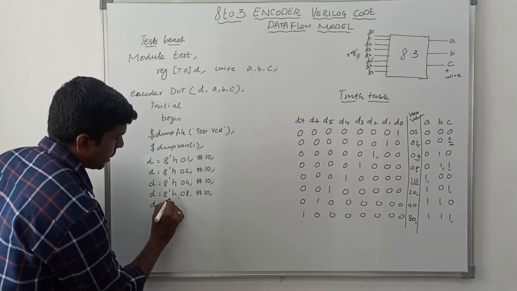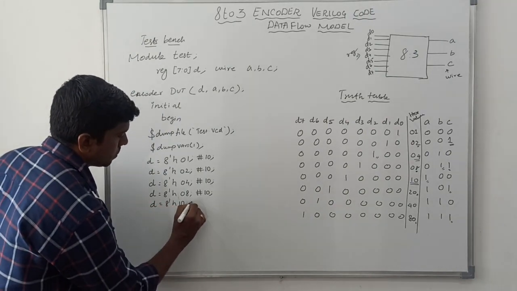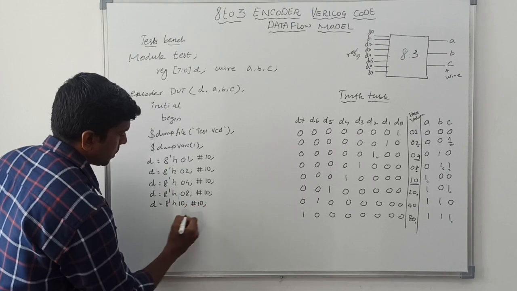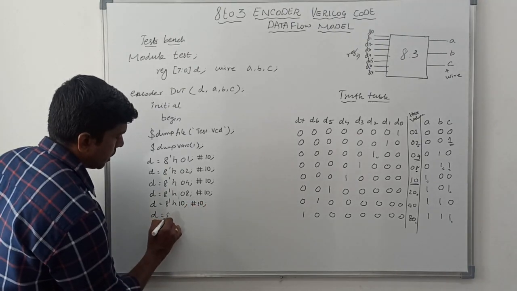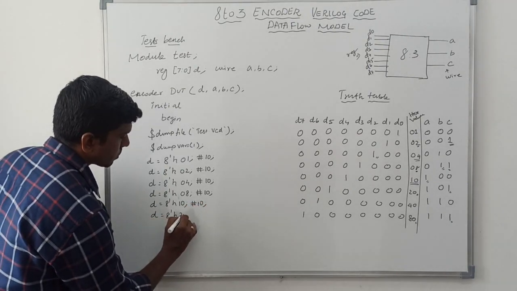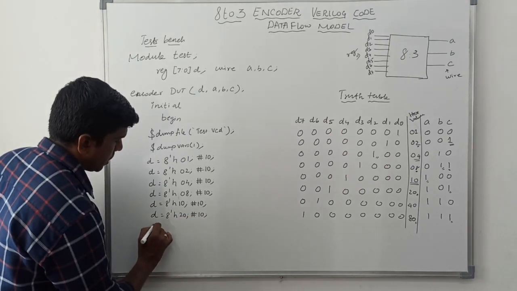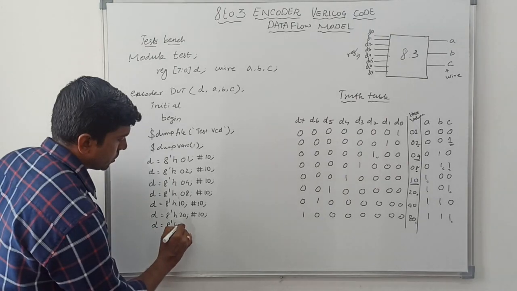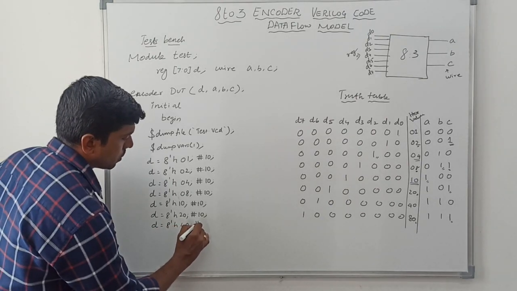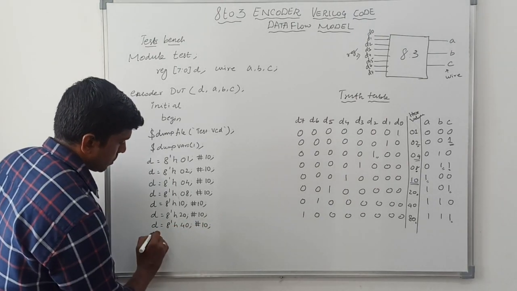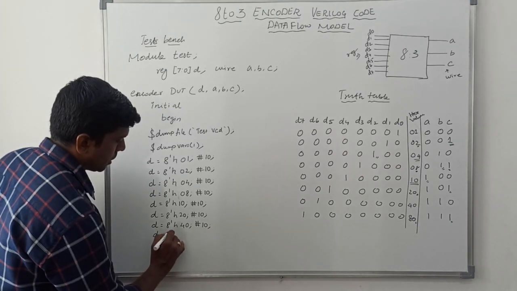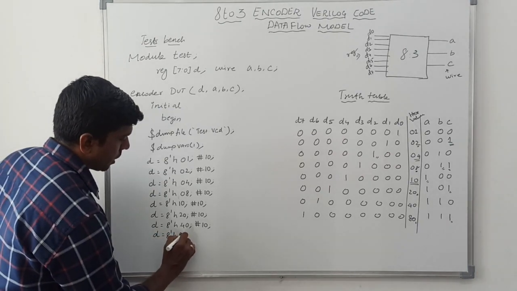So D equal to 80 H 10. After 10 nanoseconds, D value equal to 80 H 20. Then D value equal to 80 H 40. After 10 nanoseconds, D value goes to 80 H 80.